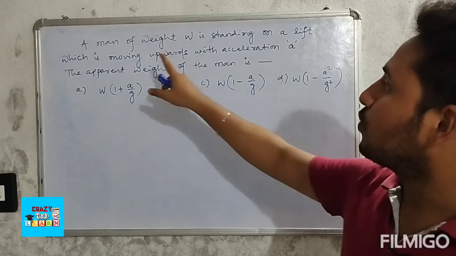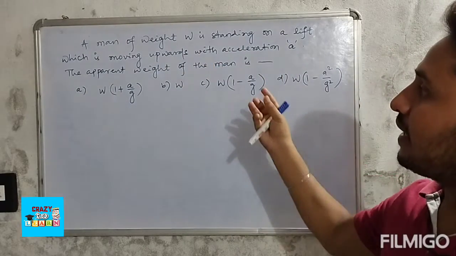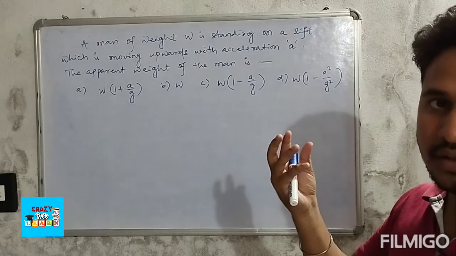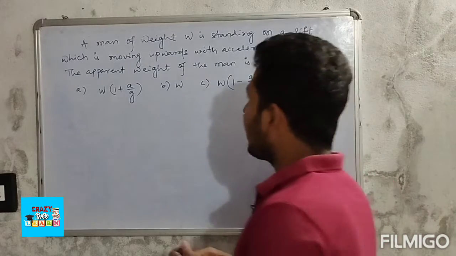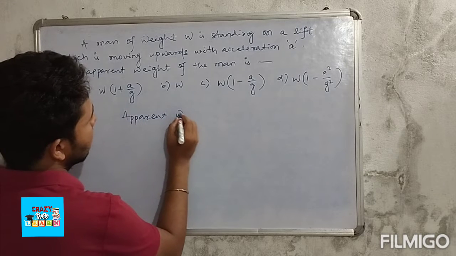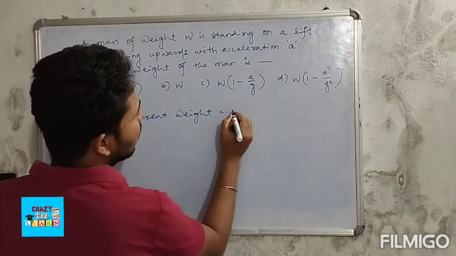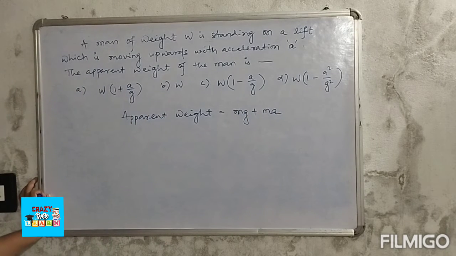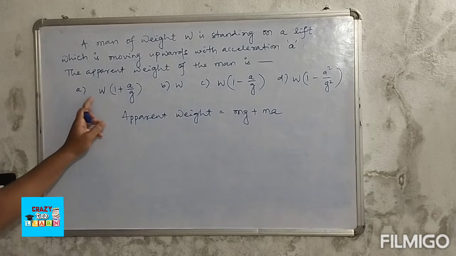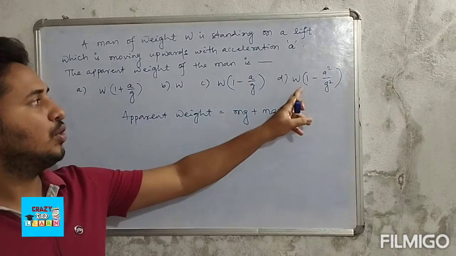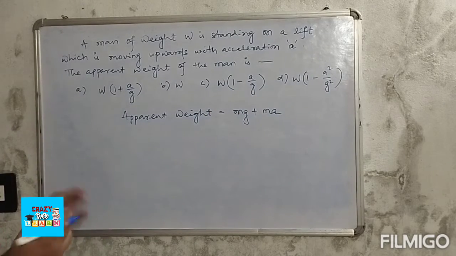We all know that when a man is standing on a lift and the lift is accelerating in upward direction, the apparent weight is equal to mg plus ma. But here the options are W into 1 plus a by g, W into 1 minus a by g, W into 1 minus a square by g square. So it will be confusing for the students. No need of any confusion.